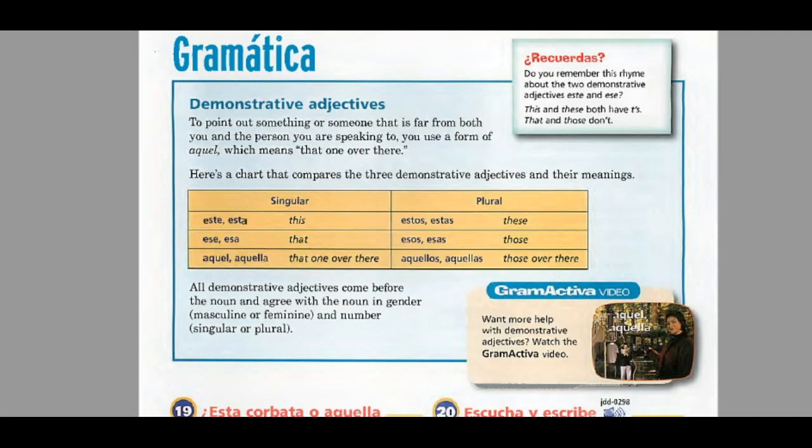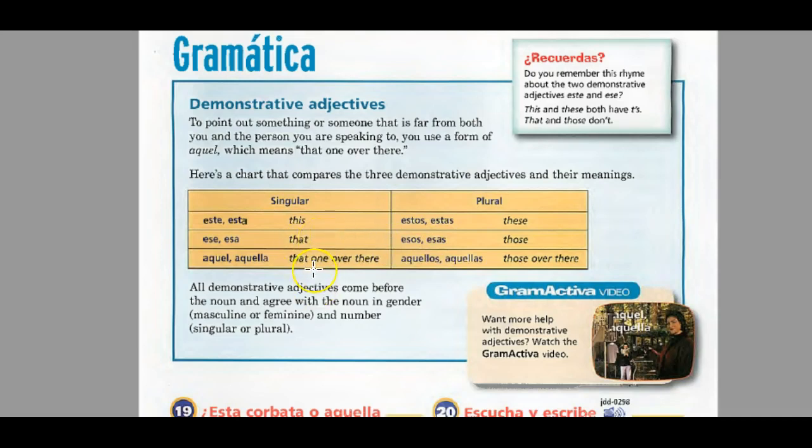And here's a chart that compares the 3 demonstrative adjectives and their meanings. You are familiar already with este and esta, estos and estas, this and these. That is ese. You just take the T out. Ese, esa, esos, esas. You take the T out of the este and esta, etc., and you get those or that.